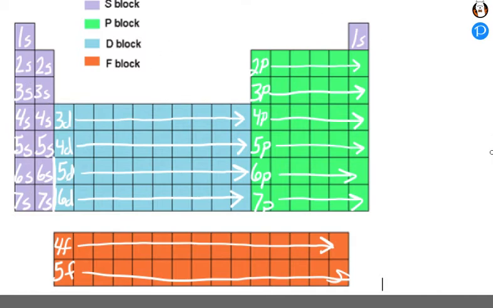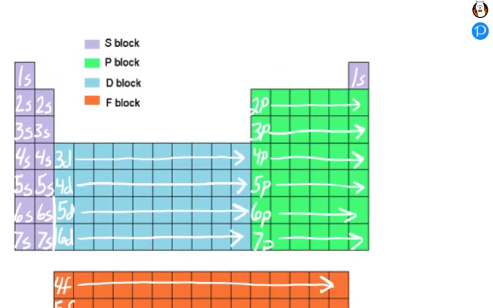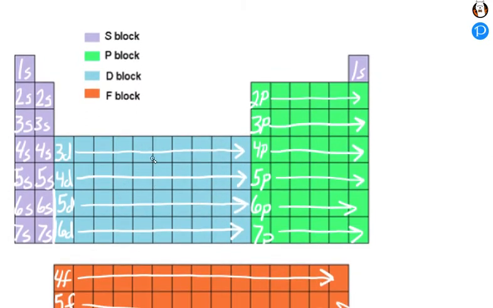So let's say, for example, let's pick an element that's somewhere in here. Let's do iron. Let me look at a periodic table. Iron is 1, 2, right here. Iron would be right here.